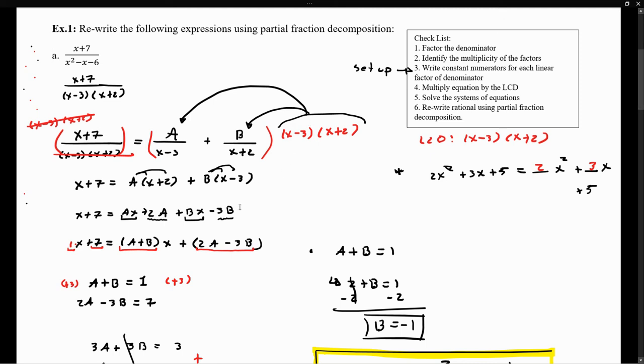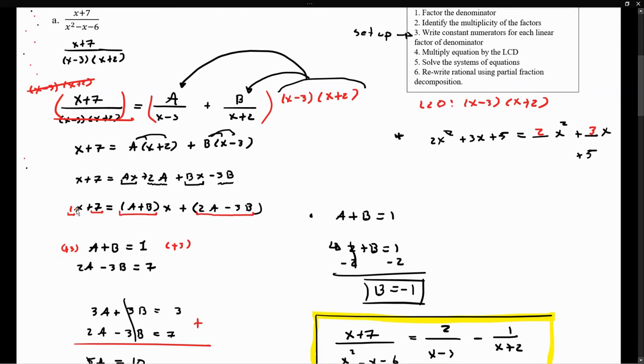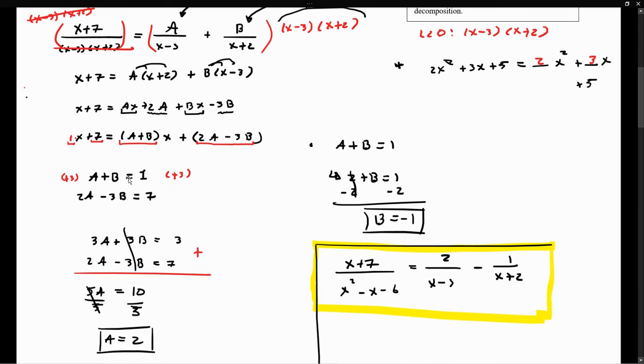So we multiply, and then we regroup here in terms of its variables. Then we set the coefficients of each of those variables equal to each other. We had a system of equations, and we solved the system of equations to solve for a and b. And at the end, we just want to come back to our setup and just plug in the values that we found algebraically. So this was our objective. We have performed partial fraction decomposition.